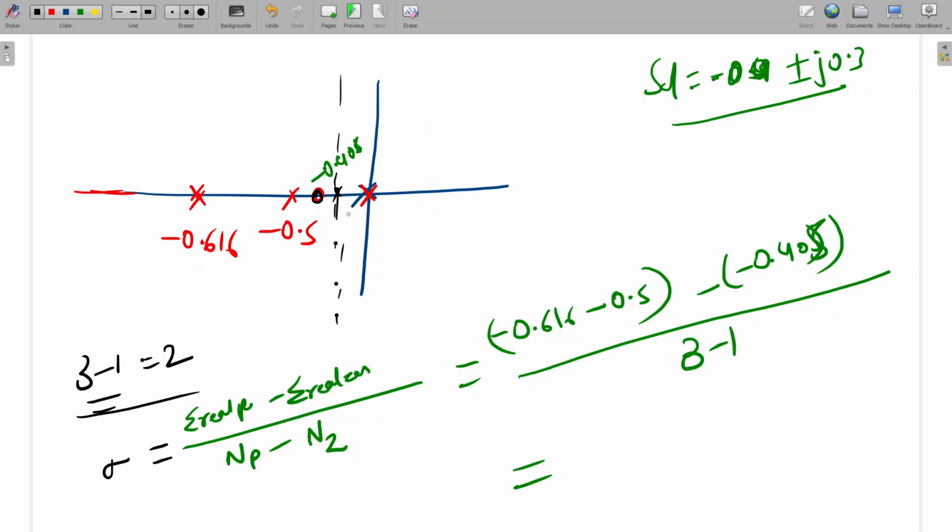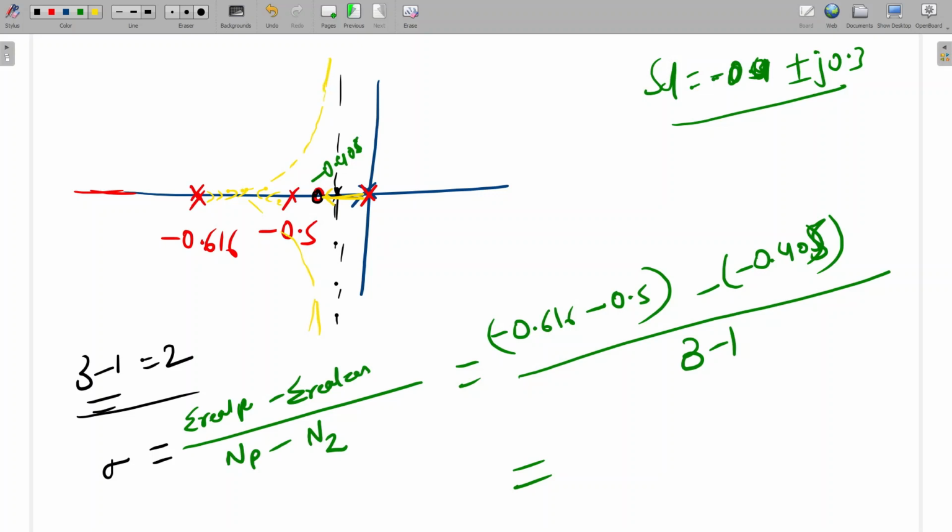I think the root locus will be there on this side, so this pole will end at this zero. And these two will come something like this, and after that it will go like this, and this will be the leave point.